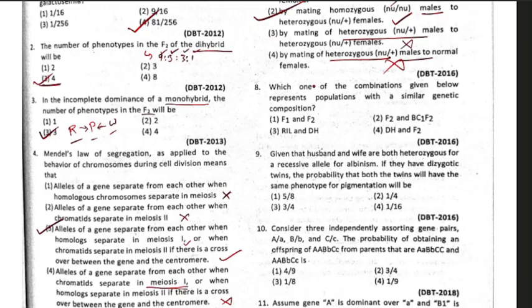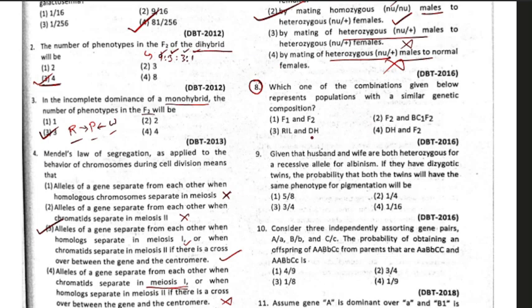Next, which one of the combinations given below represents a population with similar genetic composition? I also don't know all of these abbreviations, so this is not a very appropriate question because the abbreviations should be mentioned.